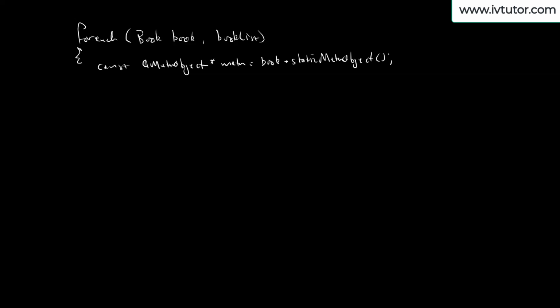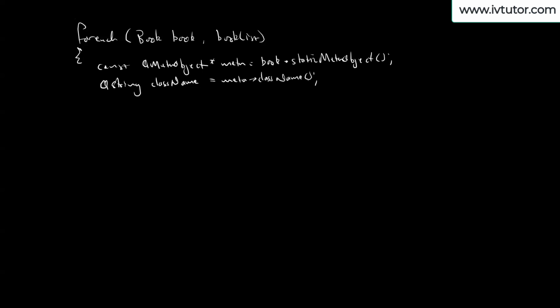Even if you just go with metaObject, maybe you can lose a mark or so, but that's fine. So that's your meta object. Then how do you get the class name? QString class name or book type, whatever you want to call it, equals meta dot className. That's how you get the name of the class, right?